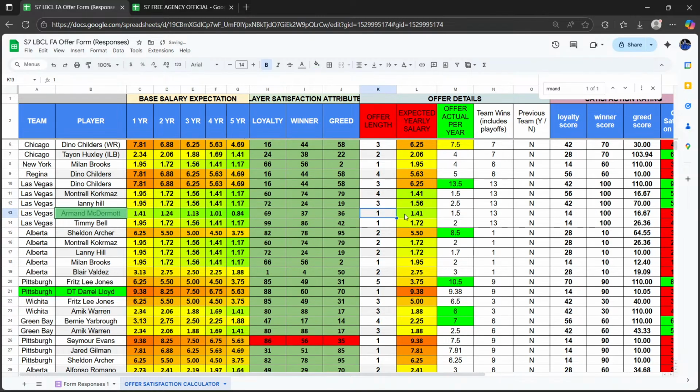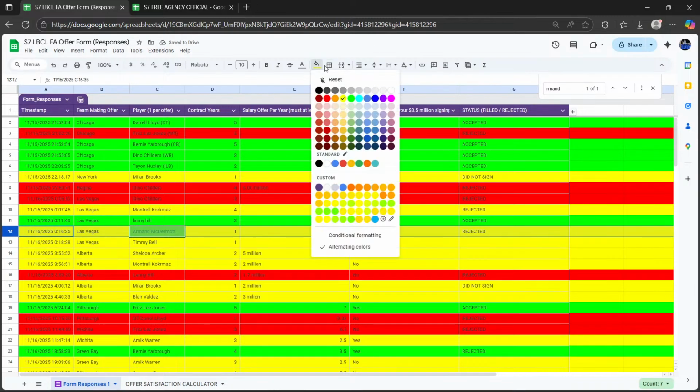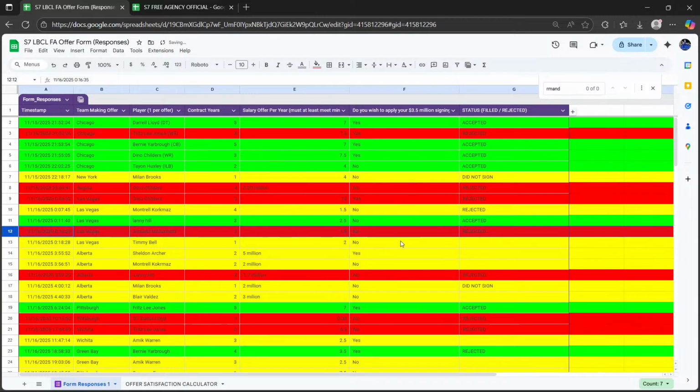A 1 year deal doesn't. That's based on him obviously having a higher, like double size loyalty at 69 than the other ones. So that's just a rejected deal. McDermott says no, thank you. I will stick around for another one. I bet he takes it in round two. Timmy Bell.